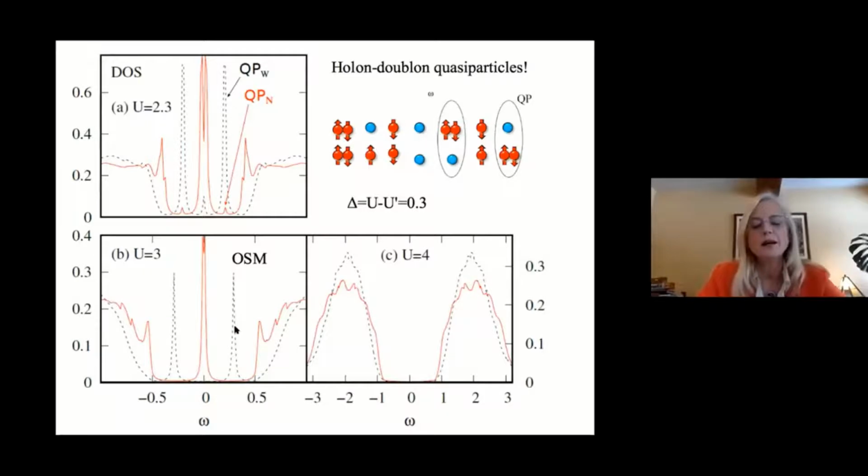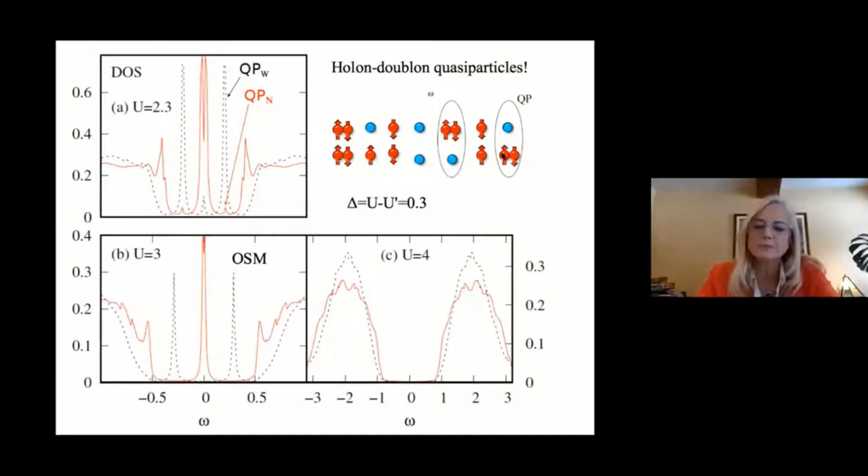We have identified these in-gap peaks as produced by holon-doublon quasiparticles of this sort. So here we have the two bands, the wide band at the top, the narrow band at the bottom. And these holon-doublon quasiparticles consist of a hole and a doubly occupied site, which are bound together and are itinerant in the system.